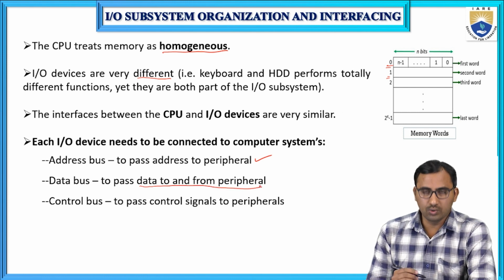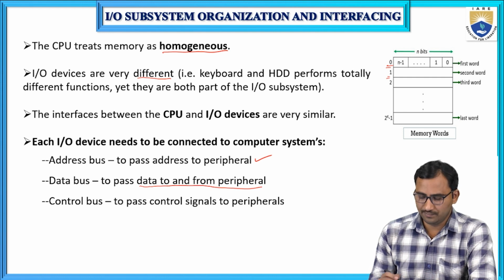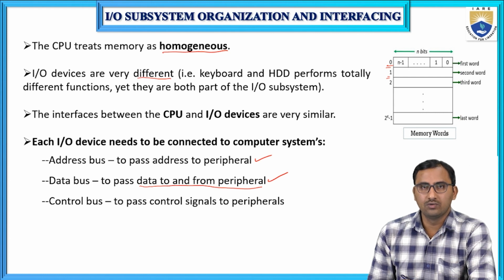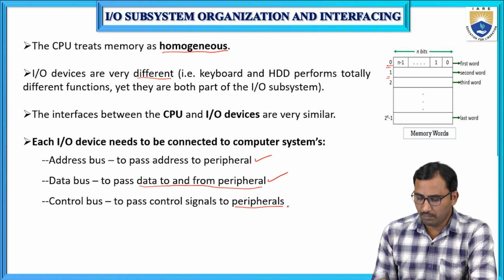That means using the data bus, we can carry the data from the input device, or transfer the data to the output device. The third one is the control bus, which carries the control signals to the peripheral device.